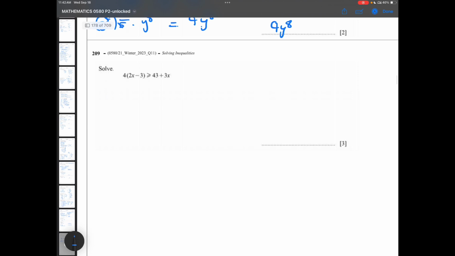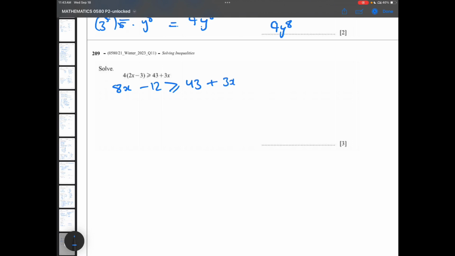In question number 209, we have to solve the inequality. To solve this inequality, first I will expand the bracket. 4 into 2x minus 3 will be 8x minus 12, greater than or equal to 43 plus 3x.